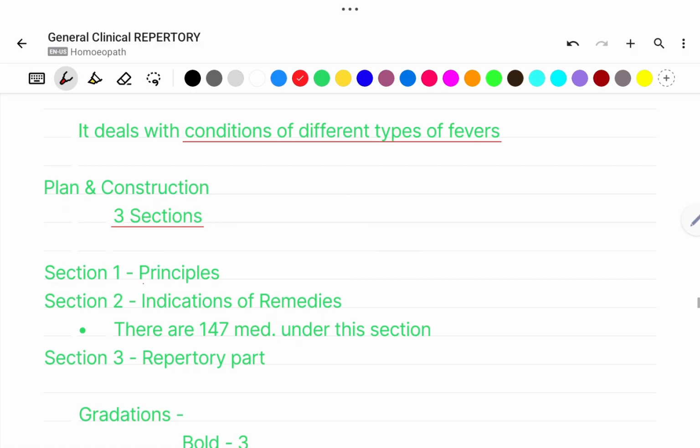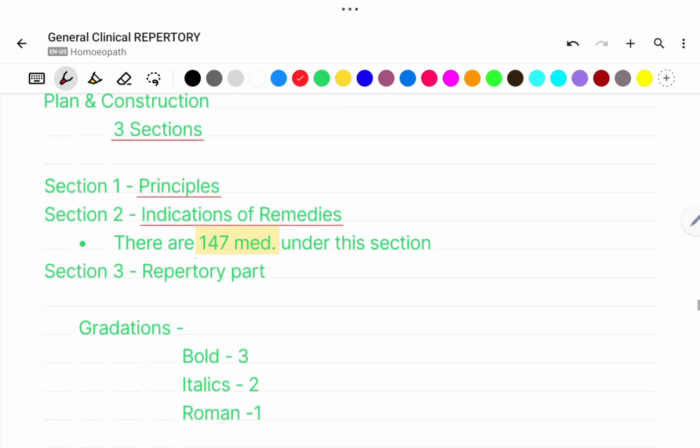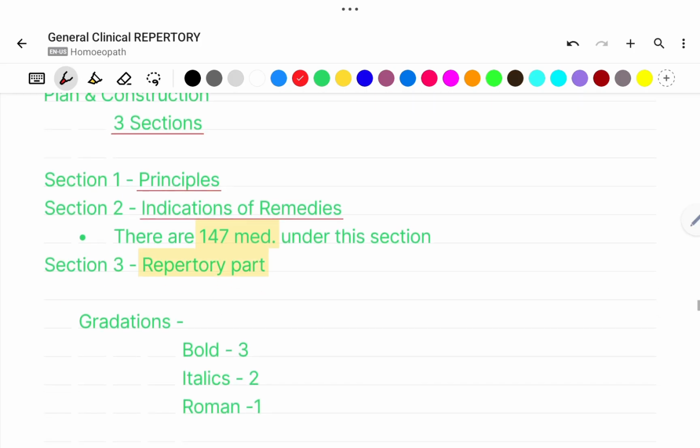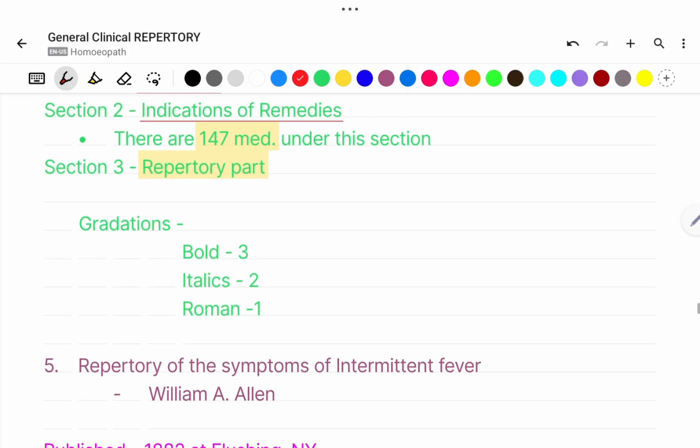First is principles of the repertory. Second is indications of remedies, which has 147 medicines. Section 3 contains the repertory part. It has three gradations, that is bold, italics and Roman.